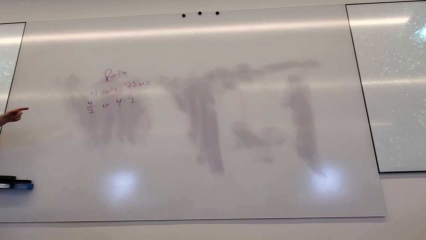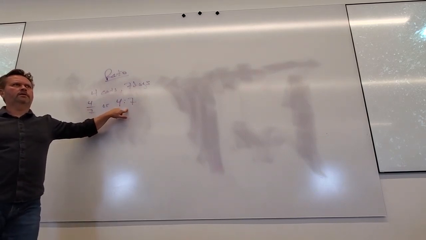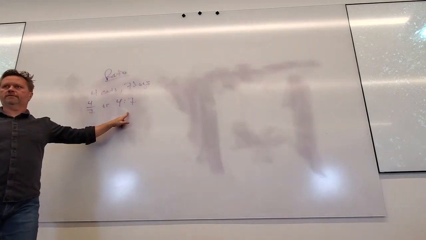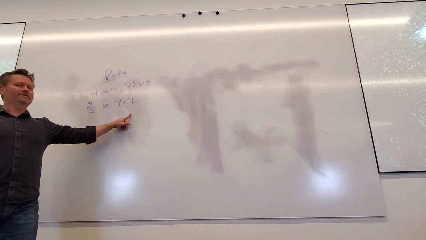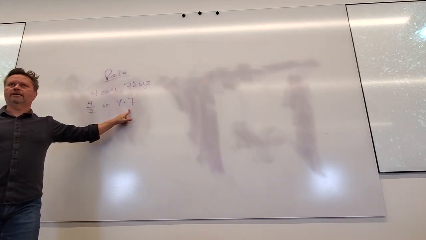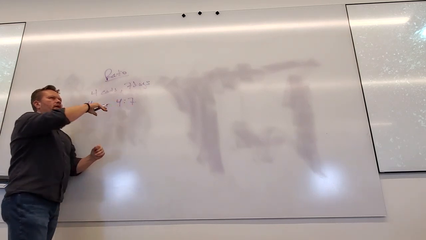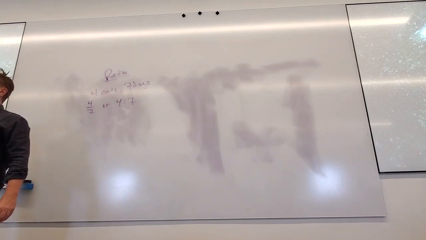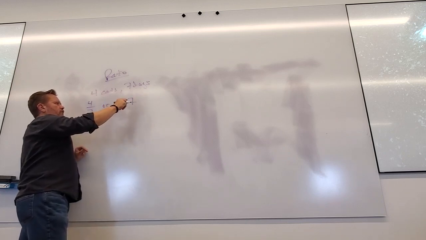Has anyone ever seen that way before? If you ever go to the horse races and you're betting on horses, you'll see the odds. Odds are another form of ratios. So 4 to 7.